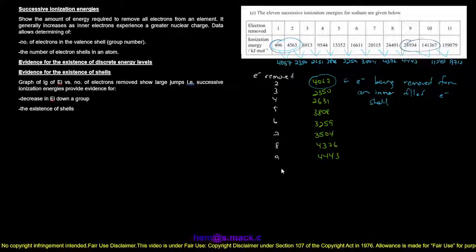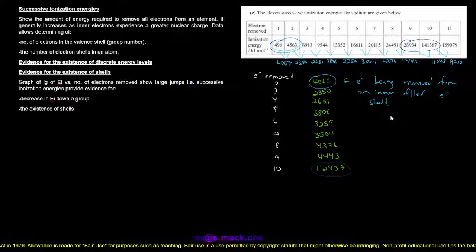These two large jumps can also be analyzed, and what it tells us is that in our atom there exist electron shells. So I'm just rewriting what would have been the jump in the energy. Here we have a large jump. This indicates an electron being removed from an inner filled electron shell.